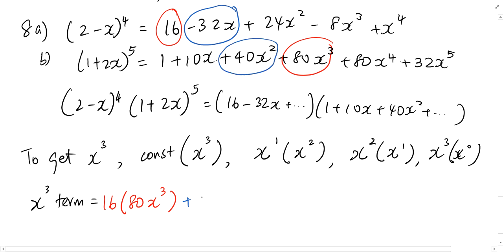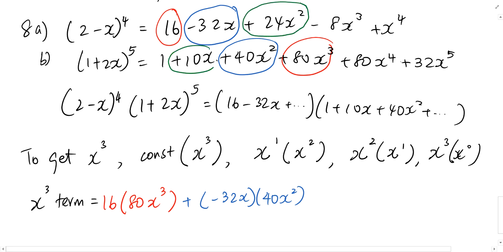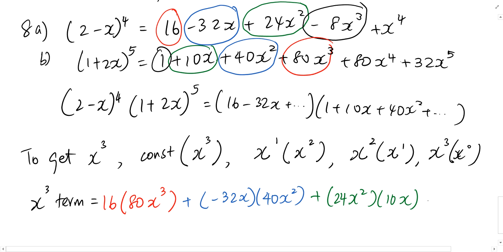Be very careful of the sign. Any more? 24x squared with 10x. Any more? Negative 8x cubed with 1. So minus 8x cubed.